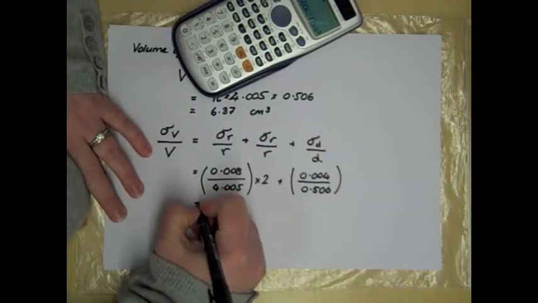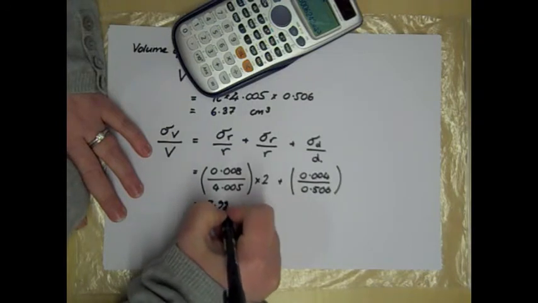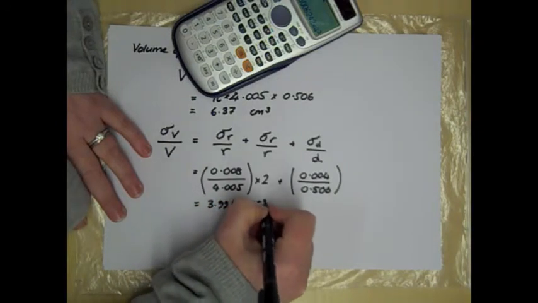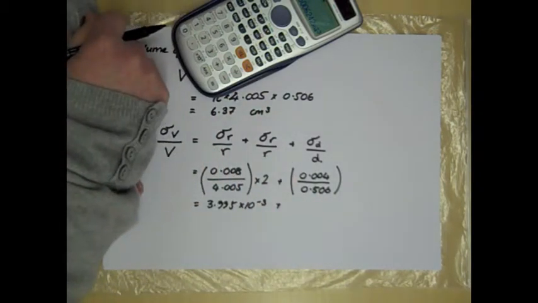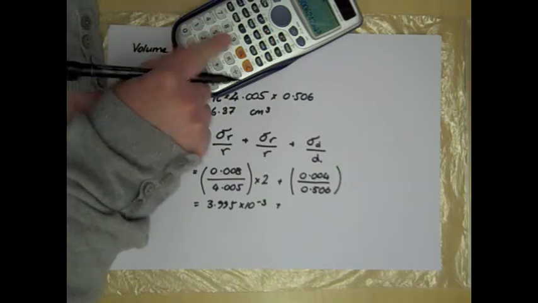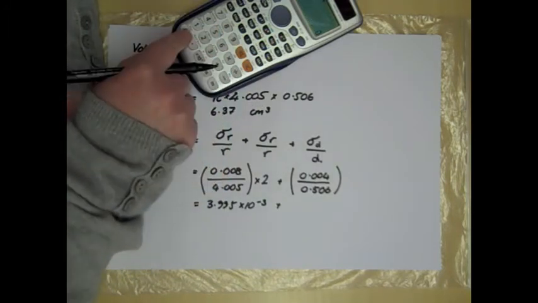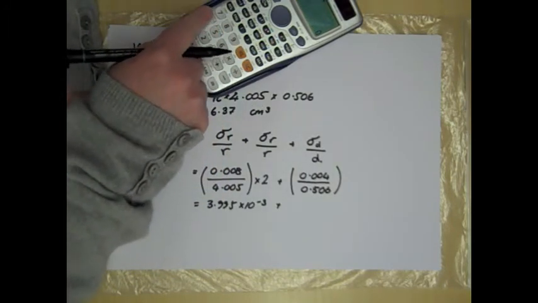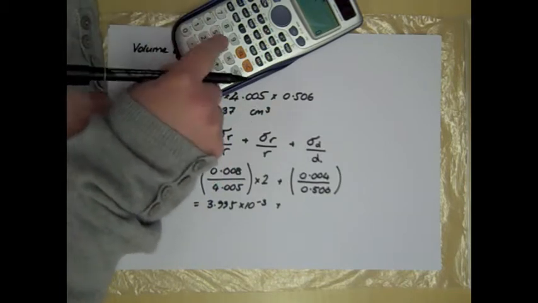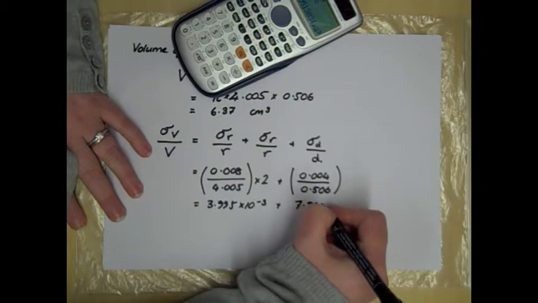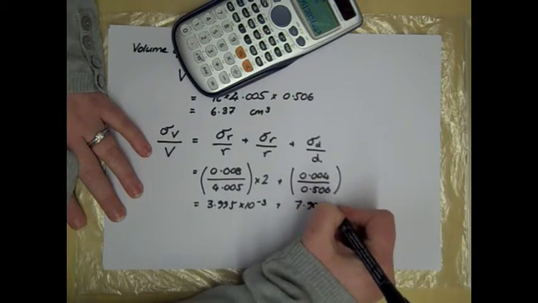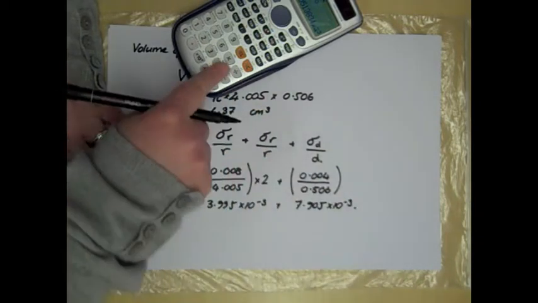so this one here is 3.995 times 10 to the minus 3 plus this one is 7.905 times 10 to the minus 3.